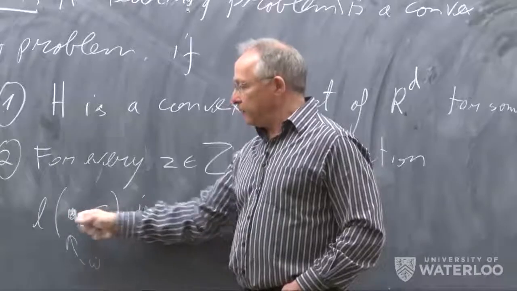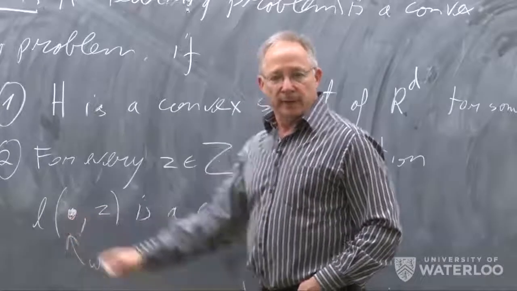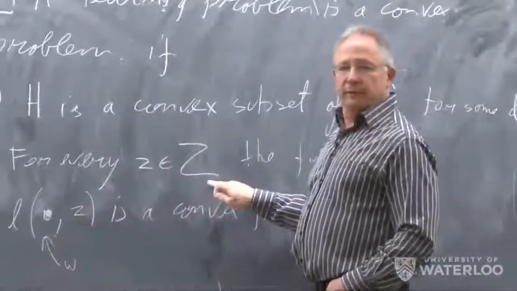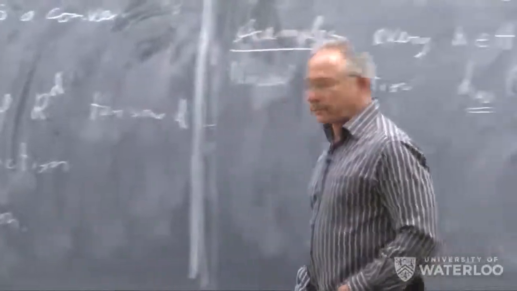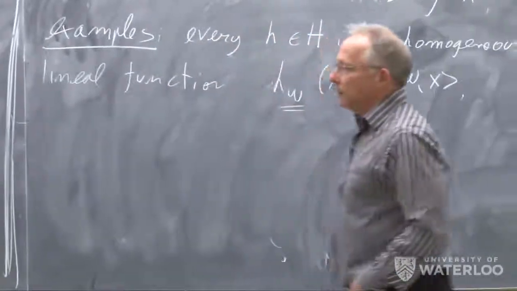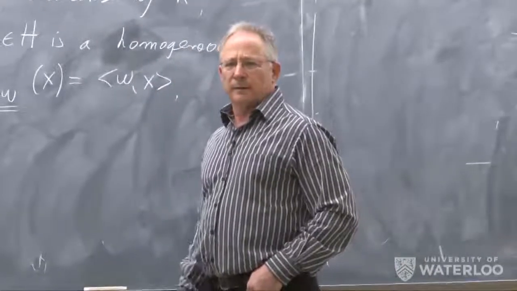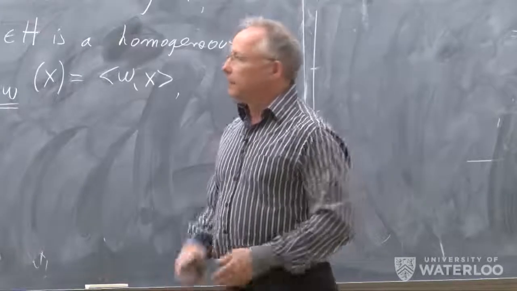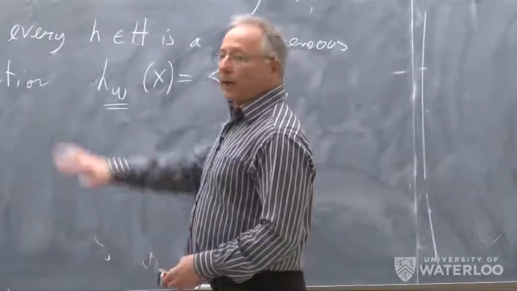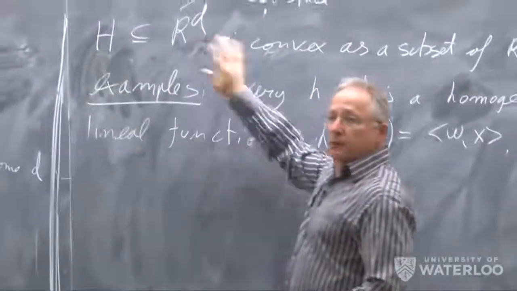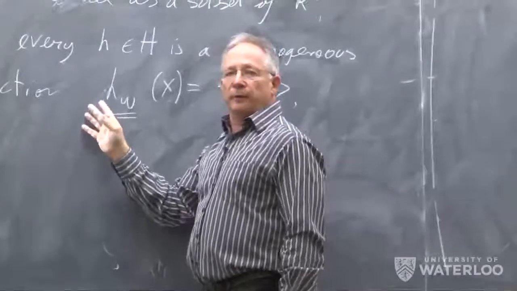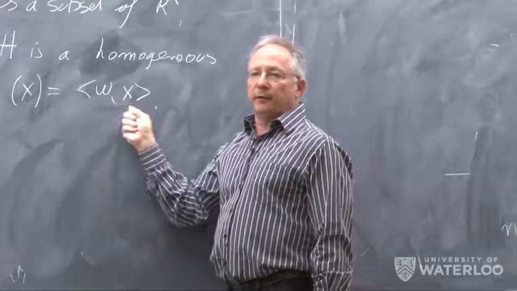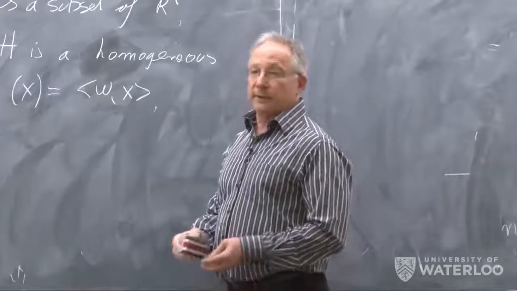But if we fix Z, it becomes a function of one input, and as a function of this input, I want it to be convex for every choice of Z. So our H's will be, we will look at them as subsets of R^D, and for concreteness, we'll mainly focus on the situation where these are the functions that we are trying to learn: linear functions, homogeneous linear functions.